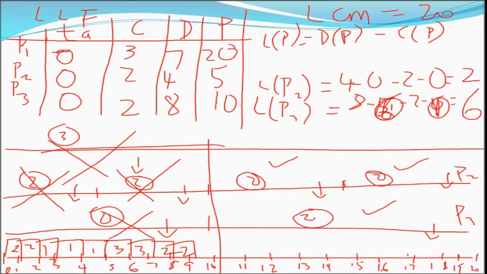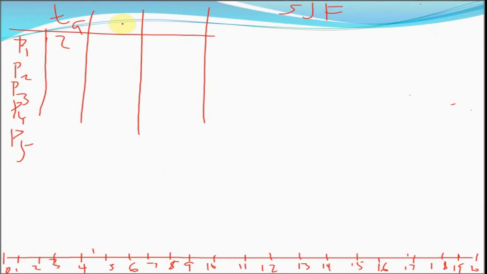So now let's move away from here. Now we can do the shortest job first. Okay. So arrival time is going to be, let me give you the values here. And here, there is an introduction of another parameter. It's called burst time, B-U-R-S-T.